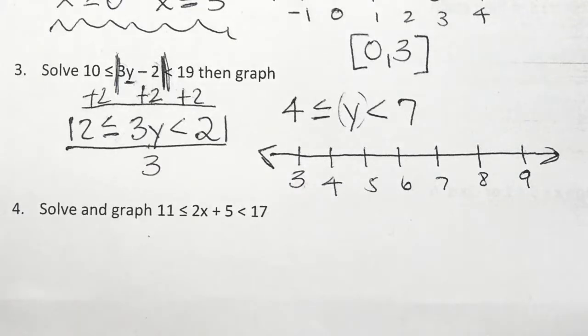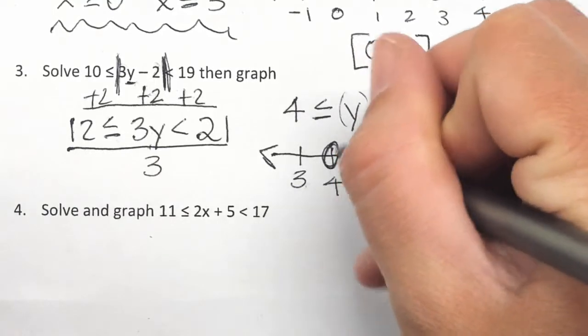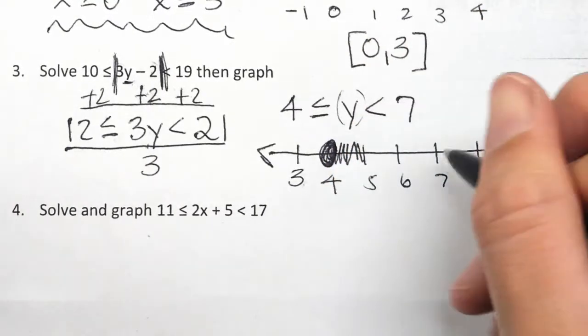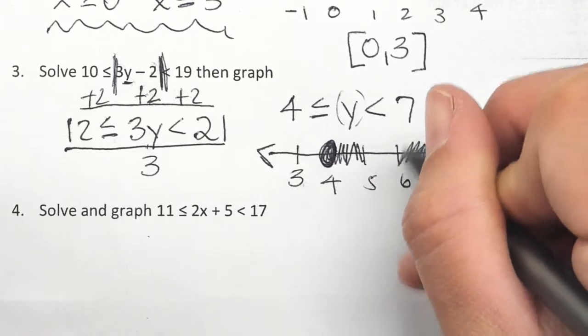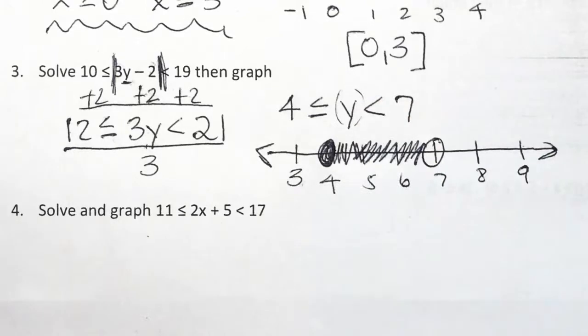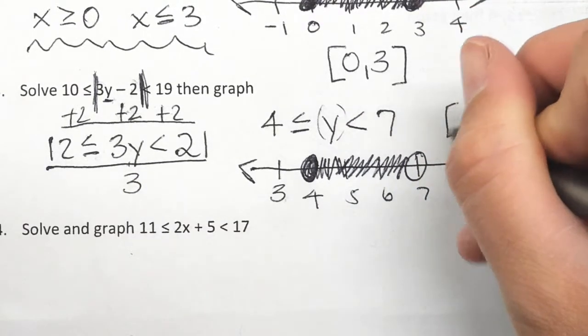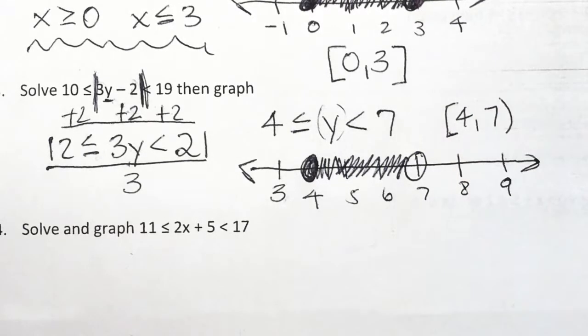So on 4, open or closed circle? Closed, left or right? Good. 7, open or closed? And then to the left. And last thing, our interval notation is going to be what? Good. Very good.